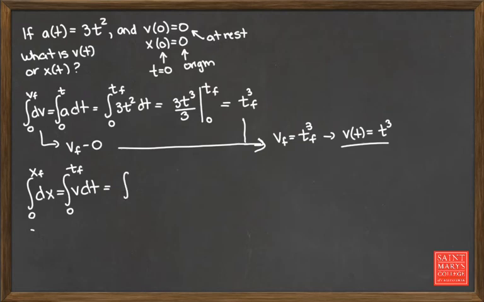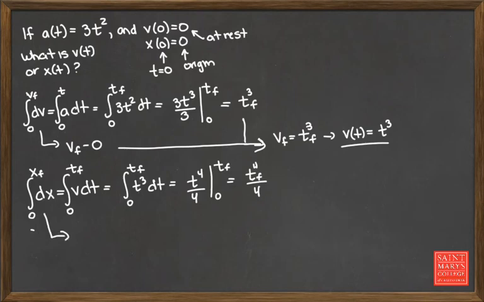The velocity we just calculated is t cubed. And again, using the power rule, that becomes t to the 4th over 4, or just the 4th power of the final time divided by 4.